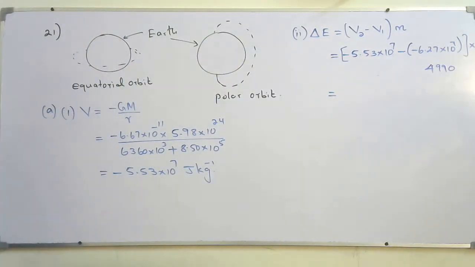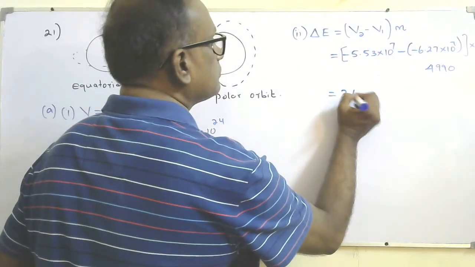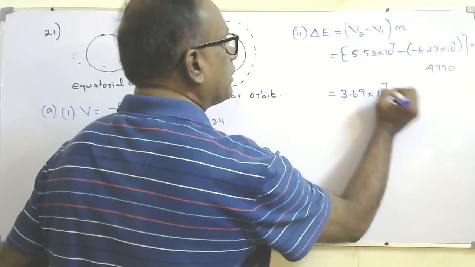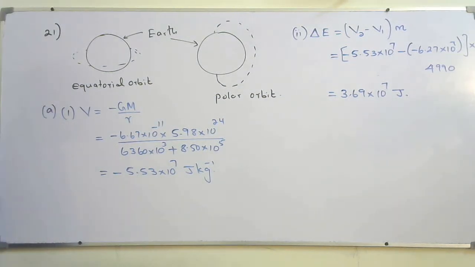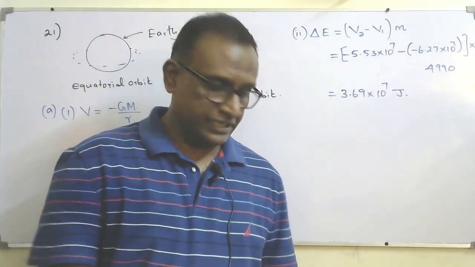Solve it, you will get the answer. That will be 3.69 into 10 to the power 7 joules. That is the increase in gravitational potential energy.